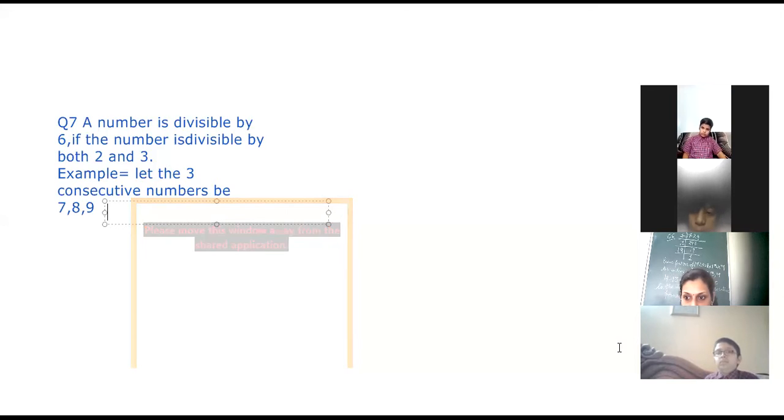So the three consecutive numbers we have taken are 7, 8 and 9. First of all, we'll find out the product of these numbers. Product means multiplication.